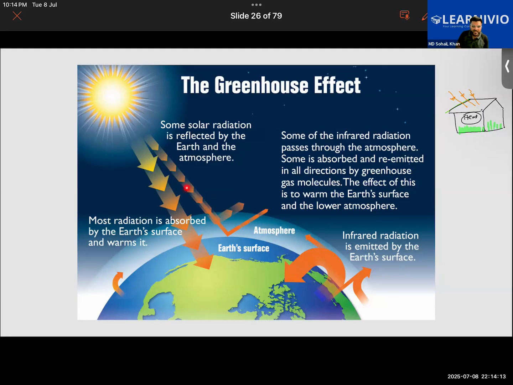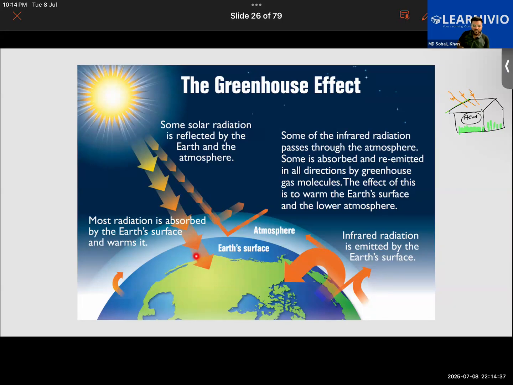So what happens as the sun's rays fall onto the Earth? Most of the solar radiation is absorbed by the Earth's surface, and it is necessary also. Otherwise, the planet Earth would be a cold planet. So some of the solar radiation is important; it will keep the surface of the Earth warm.